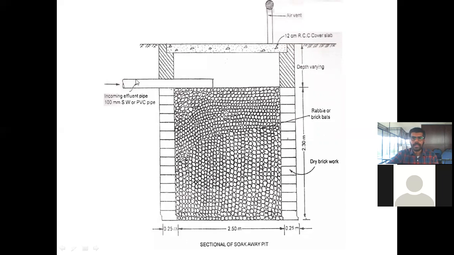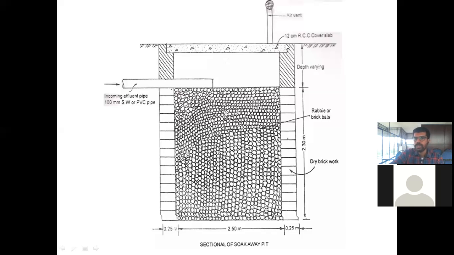Now this is the incoming effluent from the septic tank, or sewage waste, both can be there. So this is the water that is coming from the septic tank or from the waste area. And there should be an air vent.